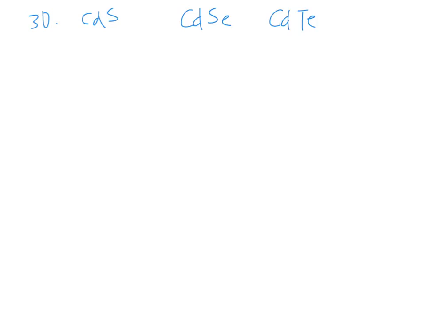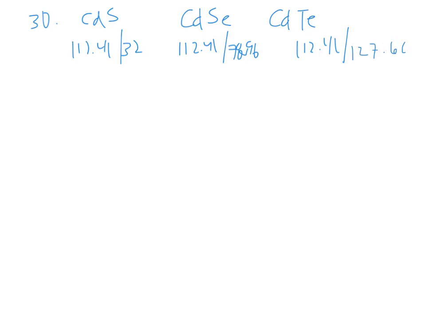So cadmium weighs 112.41, which really doesn't even matter here, but it's going to be 112.41 to 32 for sulfur, or 112.41 with selenium, which is 78.96, or cadmium 112.41 with tellurium, which is 127.6. So even though they said the percentage, remember, mass ratio is going to give you the same information. And we look at this, and you quickly see that CdS is going to give me the greatest percentage of cadmium.